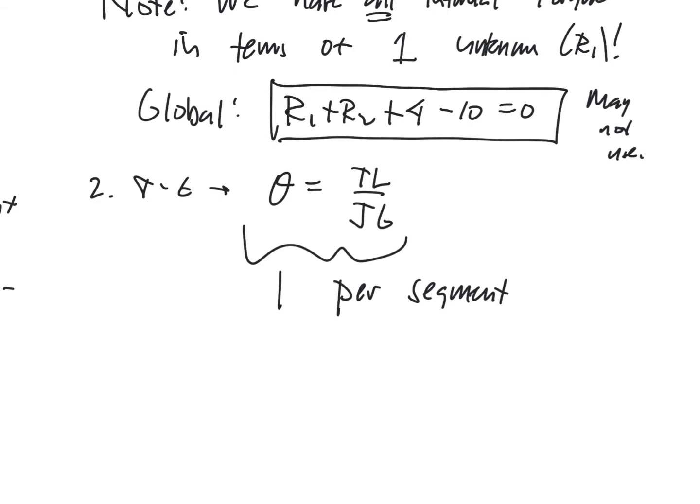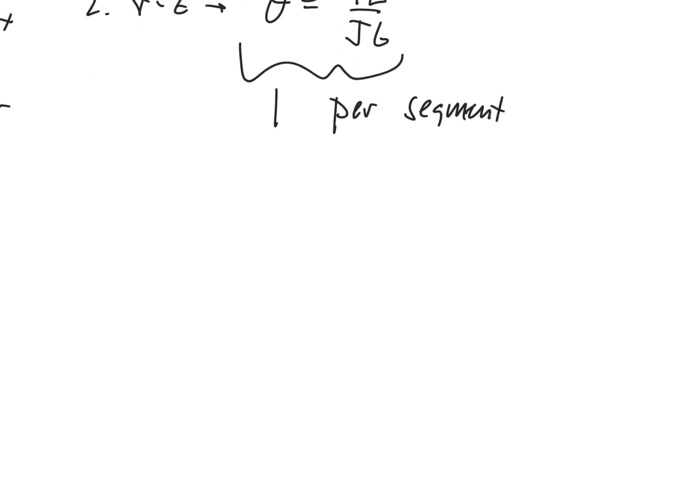It's very important. So we can say the twist in bar 1, or you could say the theta of B relative to A, any of those are okay. So theta 1 really means the angle of twist of B relative to A, and that's going to be TL over JG for bar number 1.